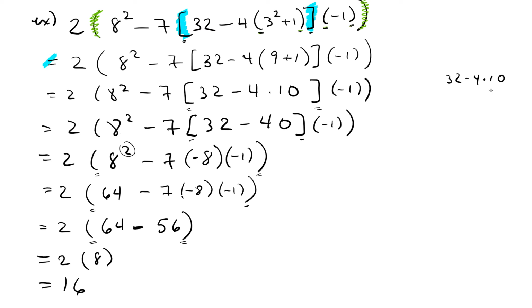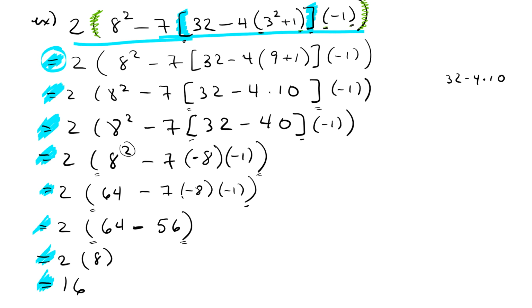But each time you start a new line, don't forget to put your equality sign along the way until you get your final answer. So when you put the equality sign, it means this is equal to what came previously. So what came previously is this thing here.